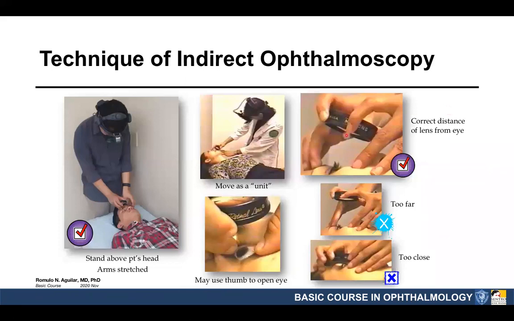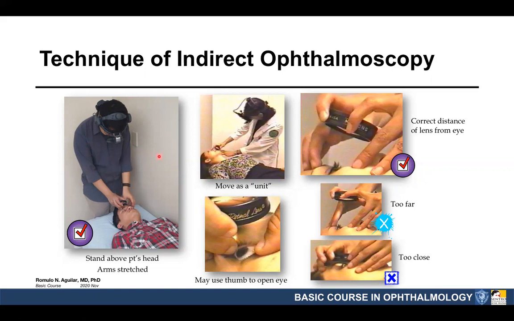So the technique is you ask the patient to lie down and you stand above the patient's head. When doing the examination, always have your arms stretched. That is the proper distance from your headpiece to the condensing lens. And then you move as a unit.